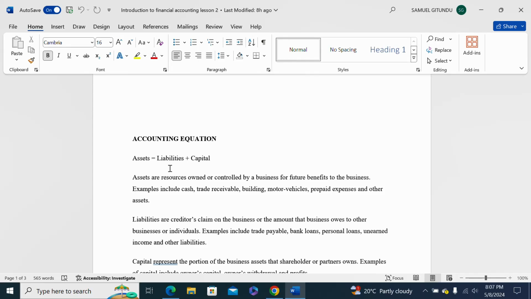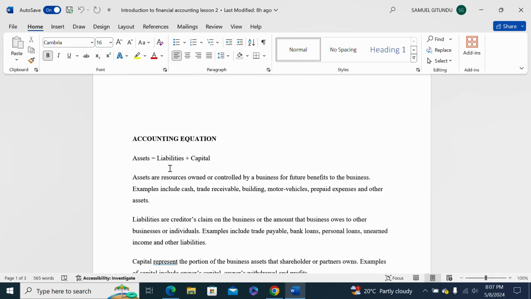If he wants to start the same business with 100,000, but he only has 50,000, and the assets required for the business to start and run smoothly cost 100,000, then he has to look for the 50,000 that he requires.